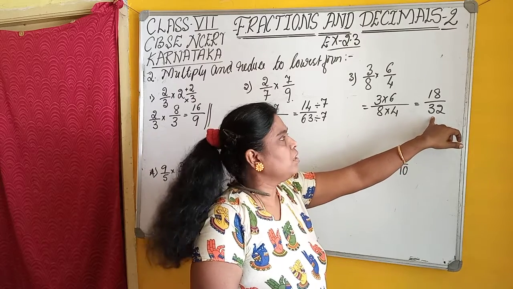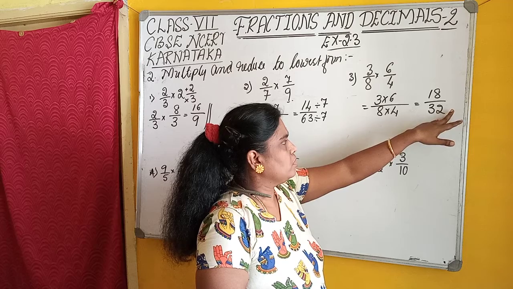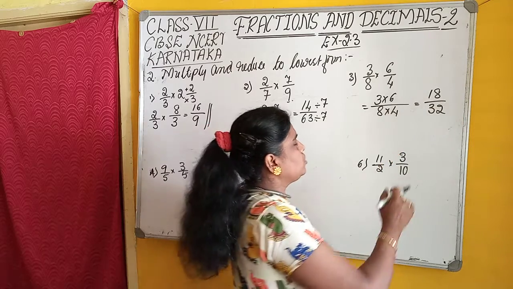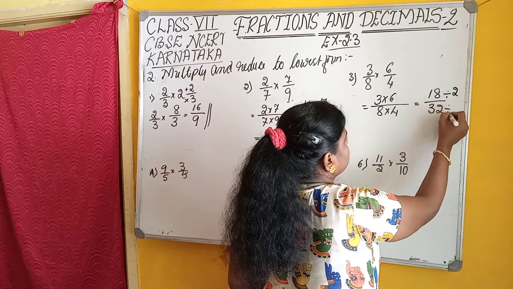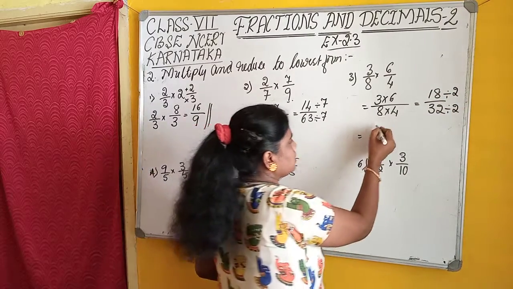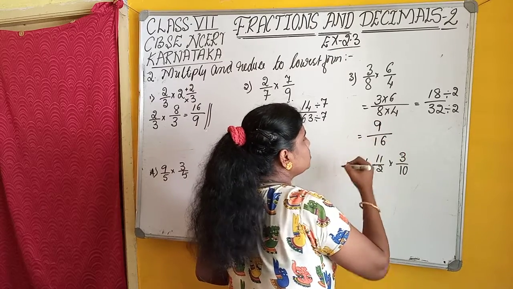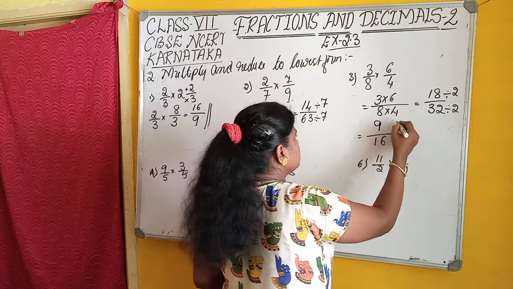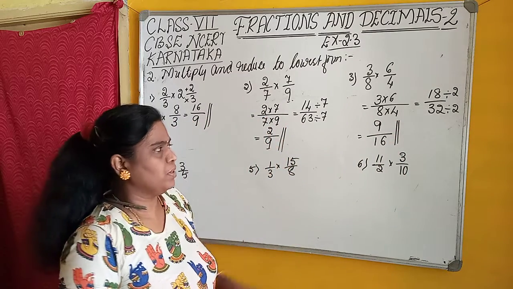It's not the greatest, but let us check for this. It is divided by 2 and it is also divided by 2. That is equals to 9 by 16 here we got. Both of them are not having any common divisor.